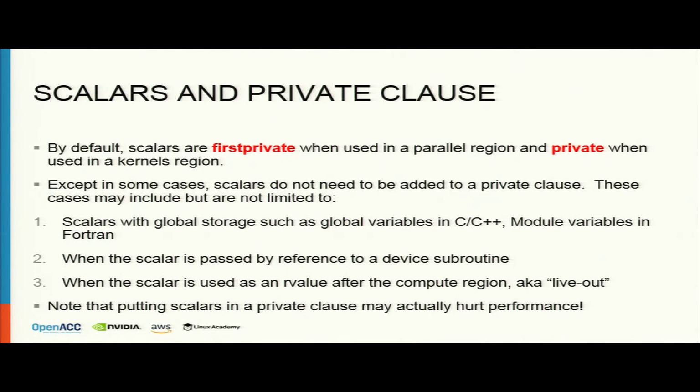In the GCC world, it may consider it as just private, right? OpenACC states that it needs to be private. So here PGI defaults to firstprivate in a parallel region, and when you use kernels, if you would have done the additional section in the first lab, it becomes private, right? So these are some of the notions that you can go through later on as well.